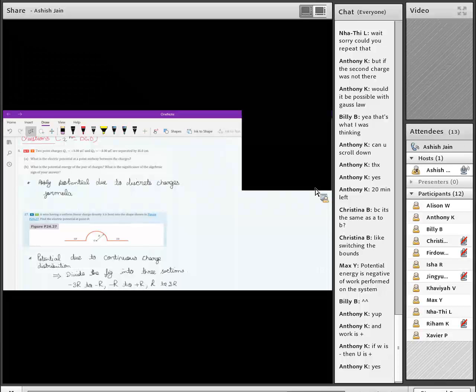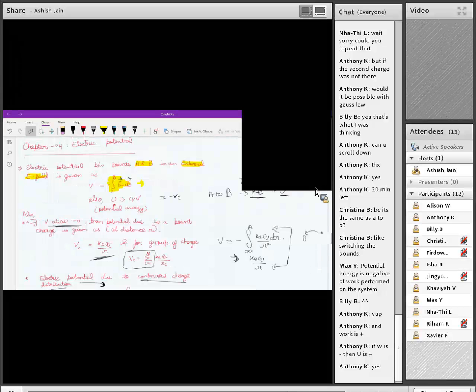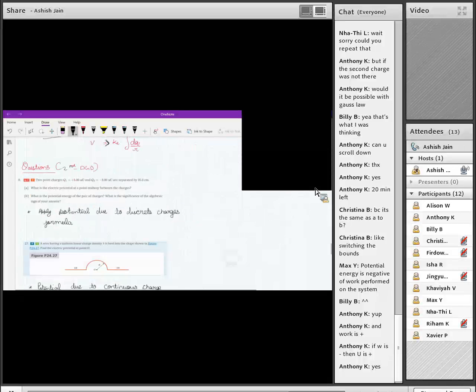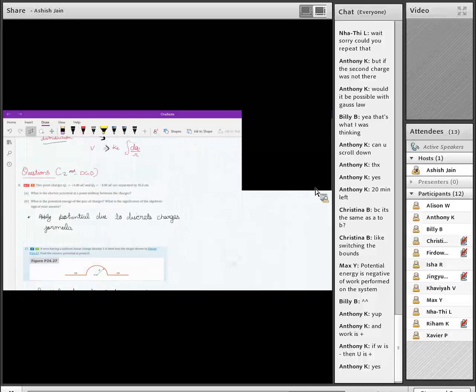What is the electric potential at the point midway between the charges? So this is the direct application of the formula. You apply kq/r, and due to point charges, you apply the summation here. Apply the potential due to discrete charges formula.